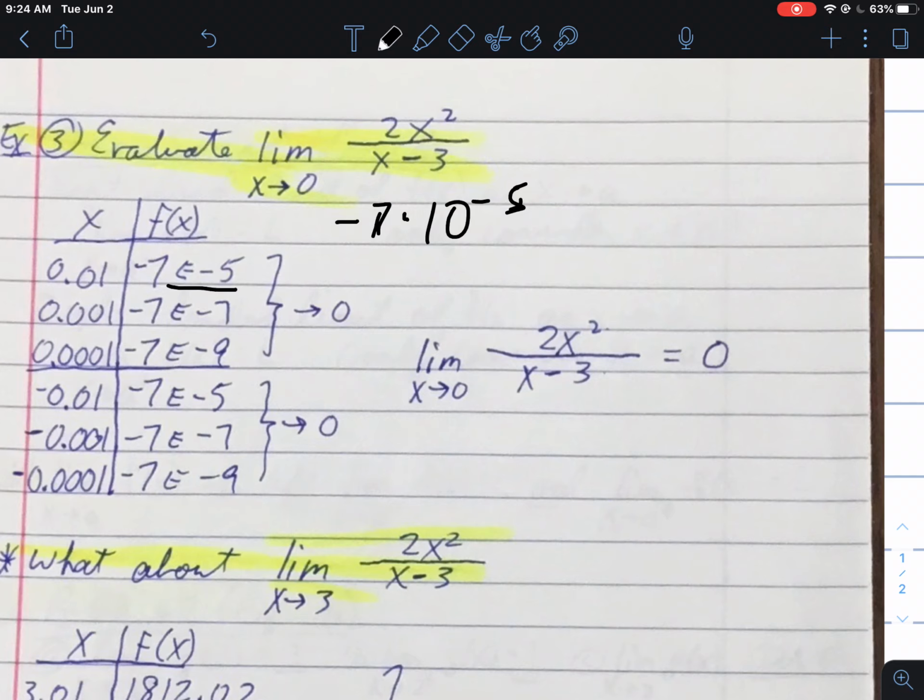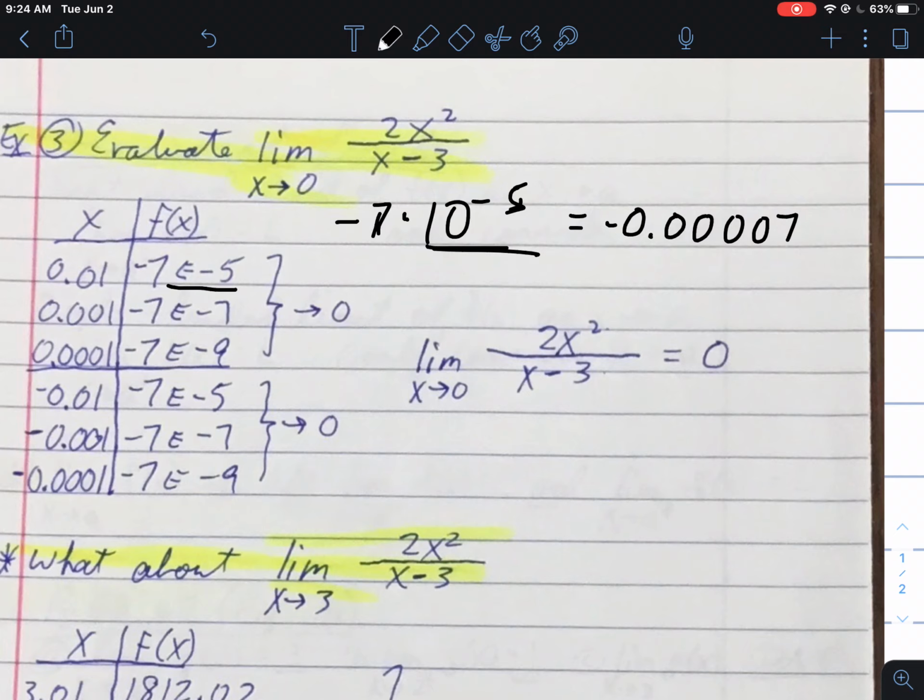And anytime you have this negative exponent on the 10, what does that represent? Well, that represents a really small number. It means that there's going to be 5 decimal places here. So in other words, it's negative 0.00007.